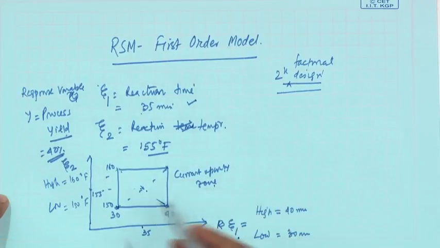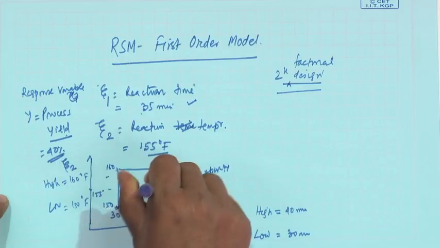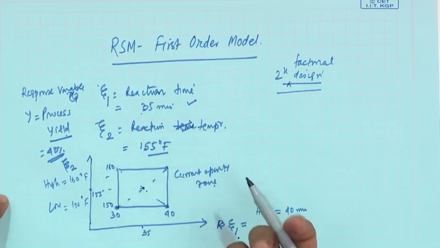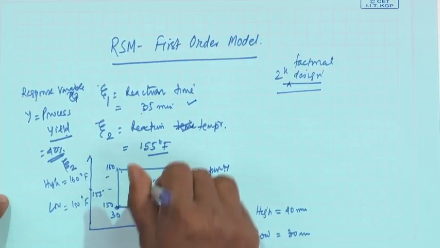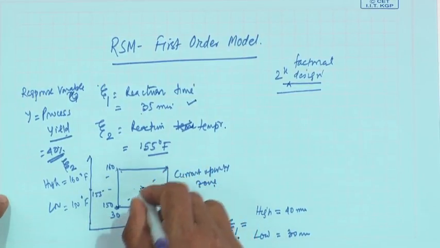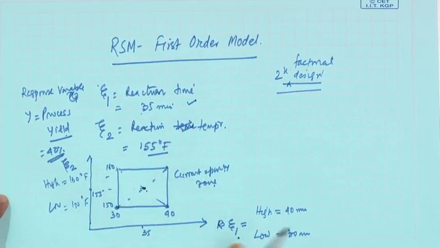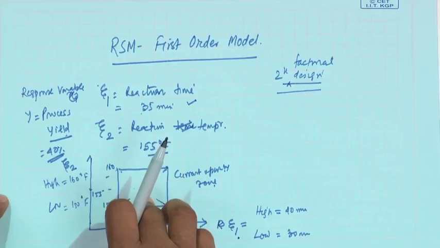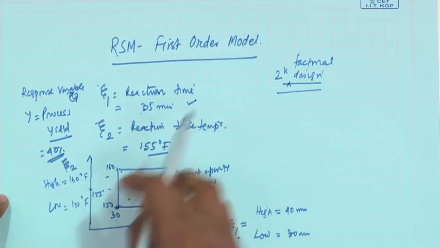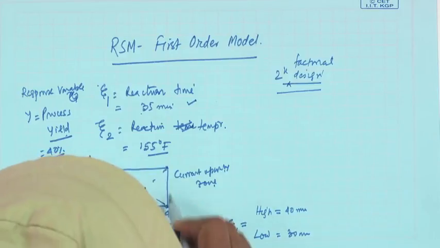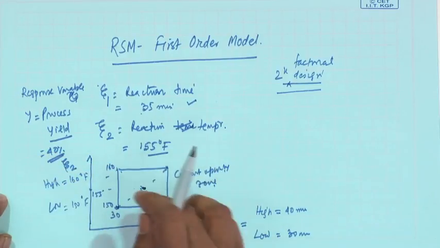In addition, you have seen that if you have the center point, then at the corner factorial points you may not do replication, but at the center point, which is the current operating zone, if you conduct more experiments you will be able to estimate the error term, even if you run a single replicate at the corner points.